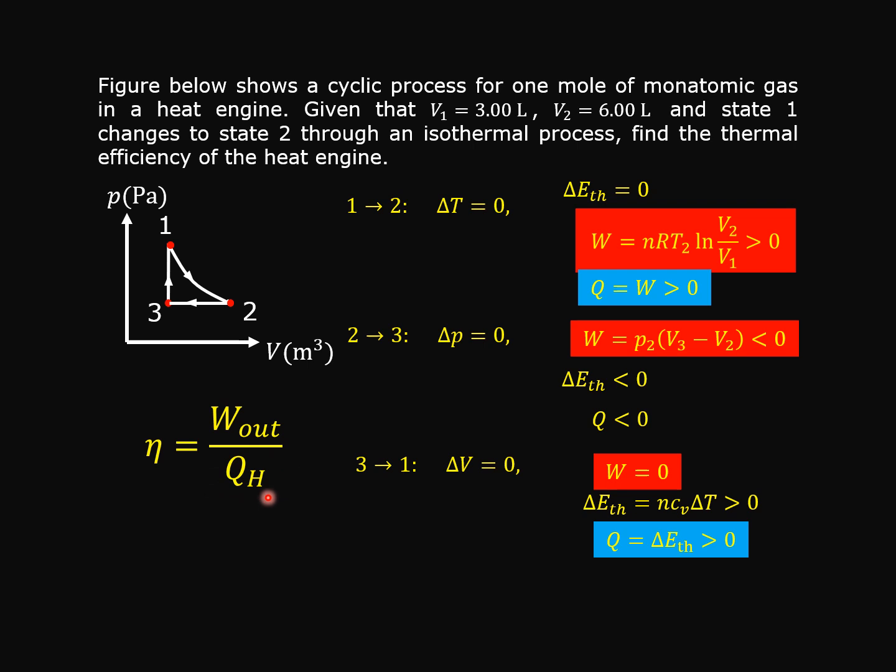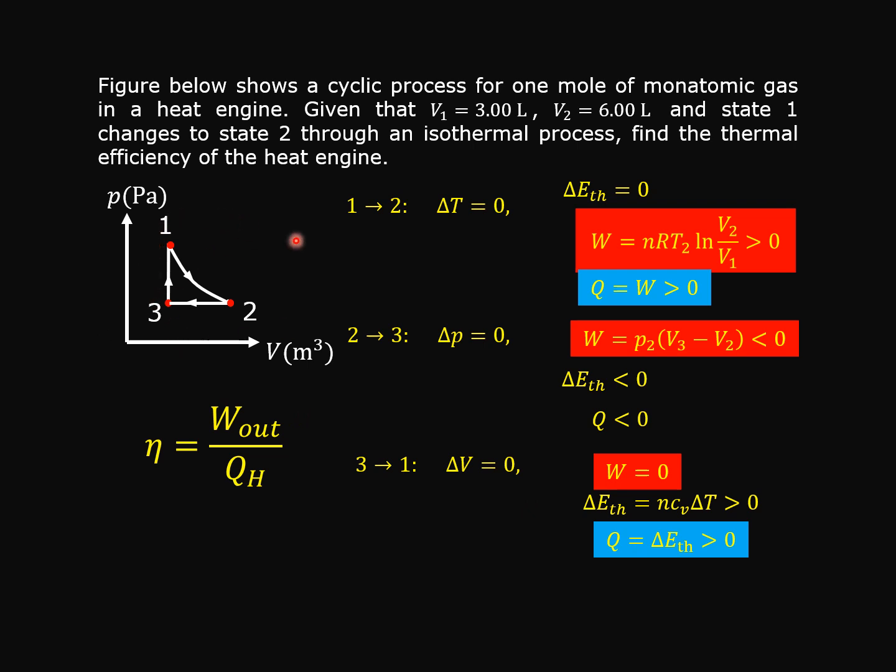While for the QH, we take only the Q that has a positive value. That means we only consider the process where the system, or the gas in the heat engine, absorbs heat. So the QH is contributed by the Q which is a positive value.